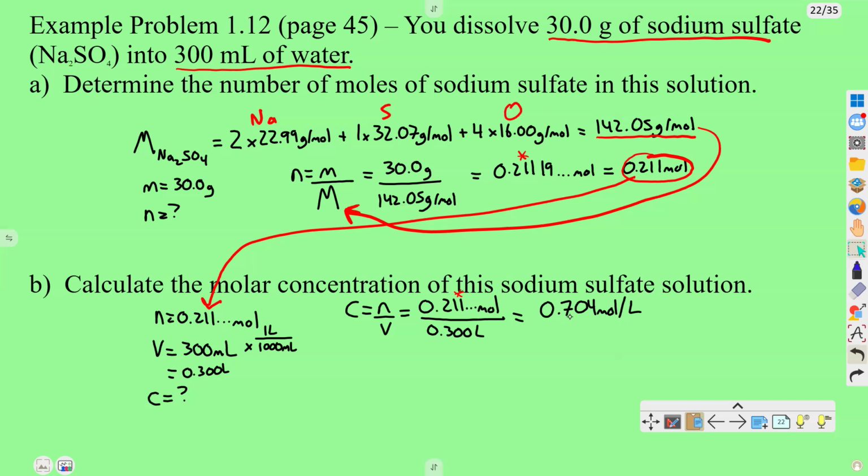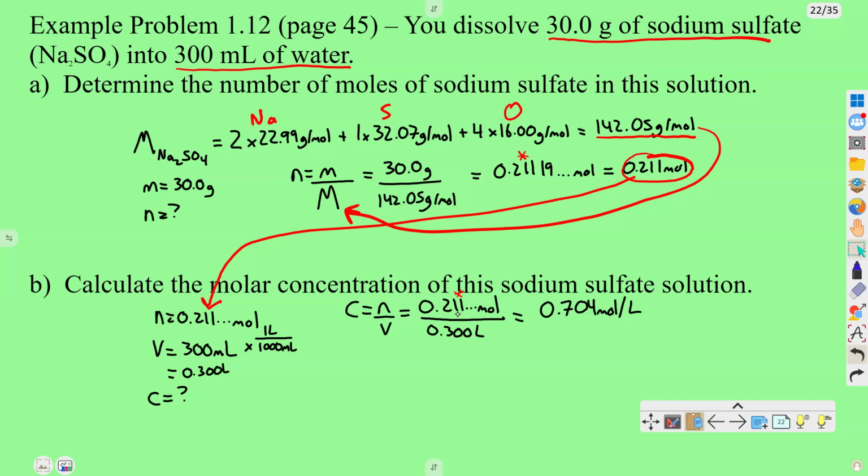Now, if we were to take the rounded number, the 0.211 moles, and divide that by 0.3, you're actually going to get 0.703. That would be an incorrect answer. I would dock you some part marks for it.